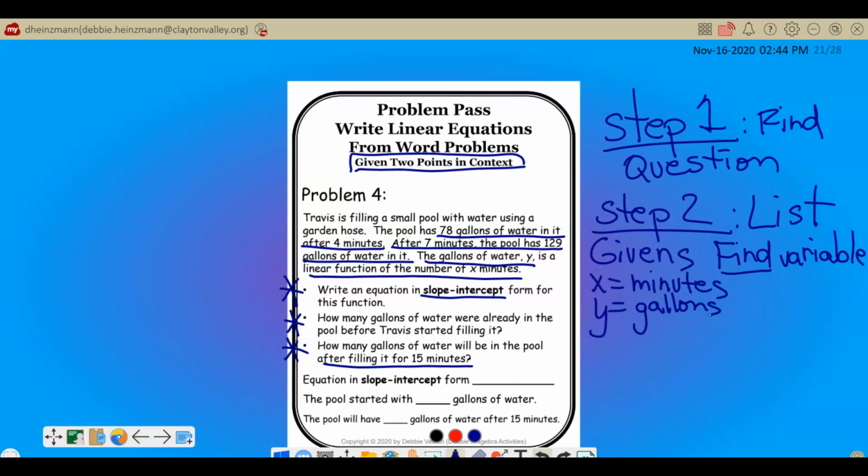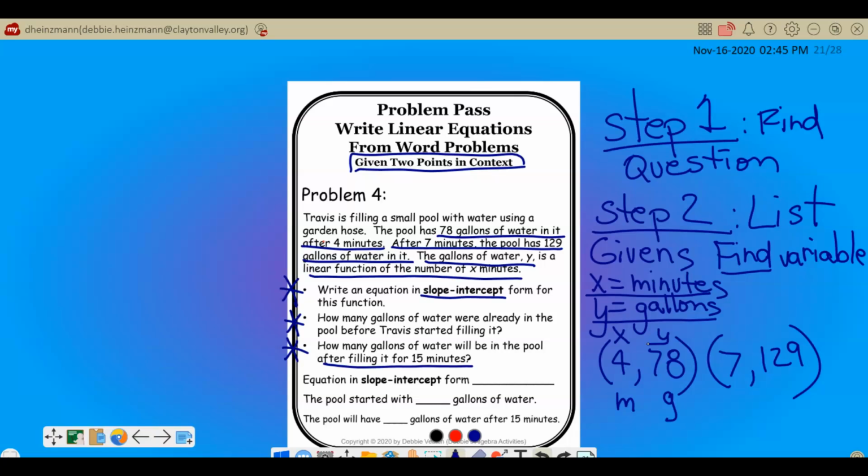They tell us that after 4 minutes, the pool has 78 gallons of water, and after 7 minutes, the pool has 129 gallons of water in it. Why am I writing it this way? Because these are data points. They already told us that X equals minutes and Y equals gallons. So this is minutes, this is gallons, X, Y, okay? That's why we're writing it this way.